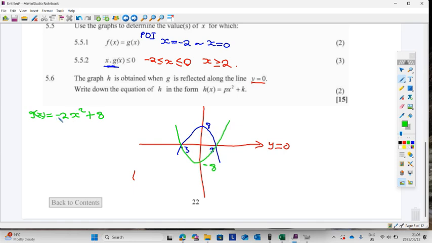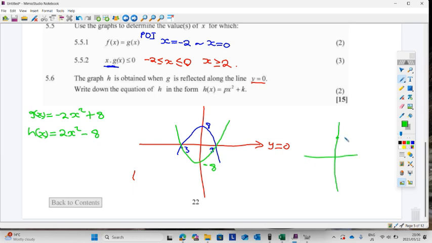So it had a negative here, but it is now positive. So your h is going to be equal to 2x squared. But it is no longer cutting the y-axis at positive 8, it is now cutting at -8.